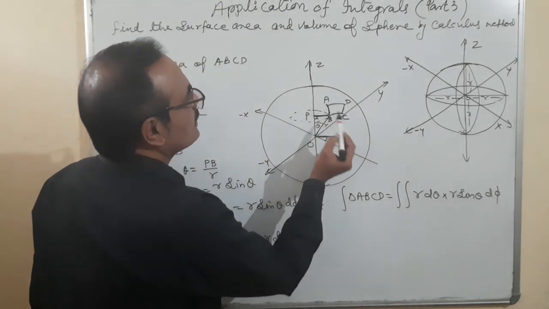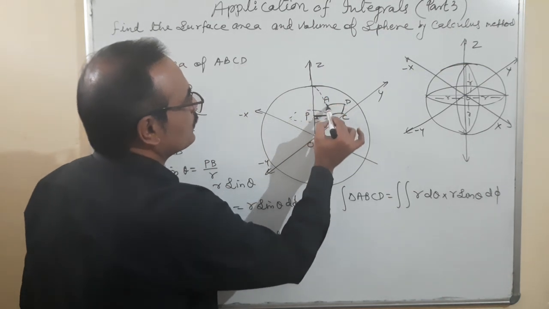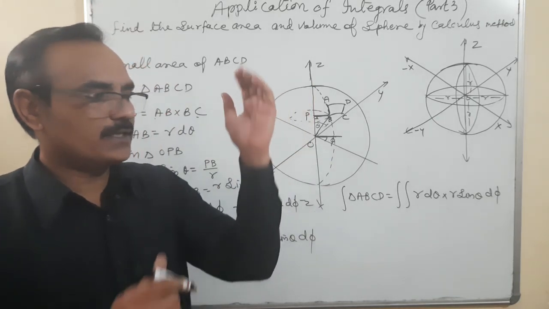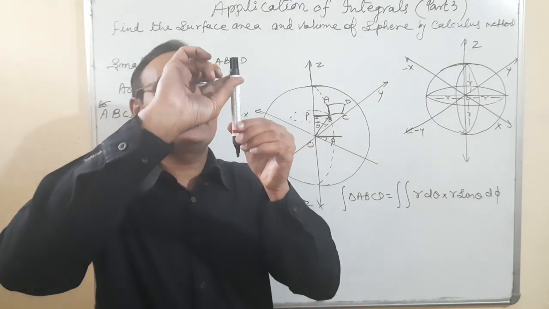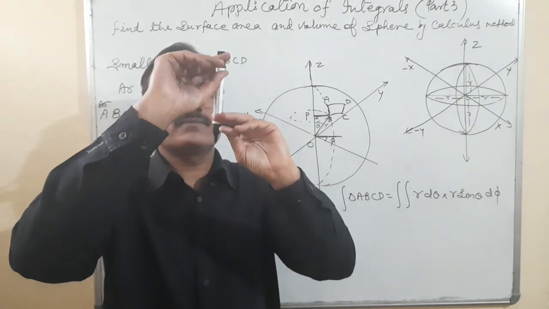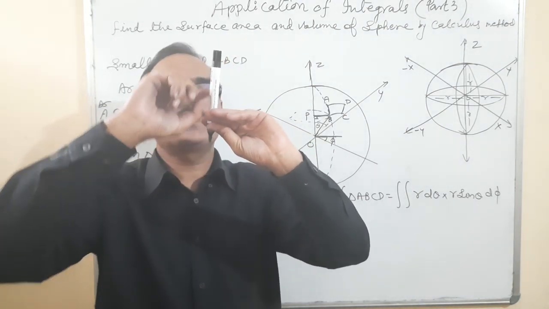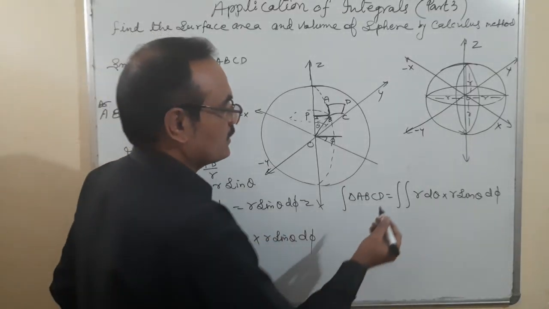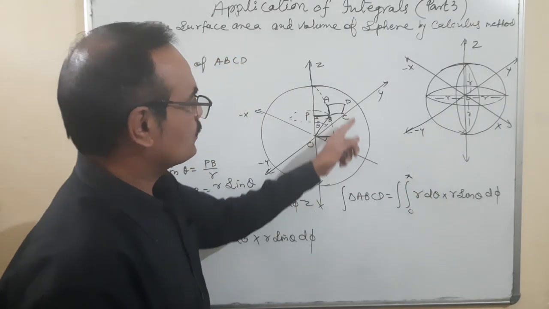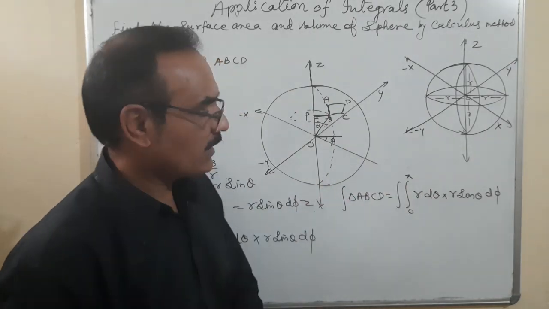This rotation is from here to here. Because you know this is the radius, the radius rotates like that up to here. So it will rotate from 0 degree to 180 degree. That means this is 0 to pi, 0 to pi r d theta.